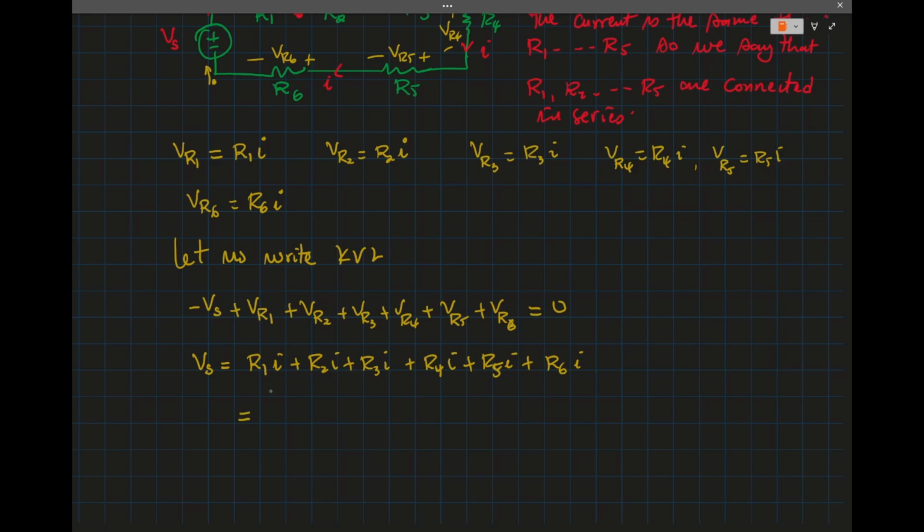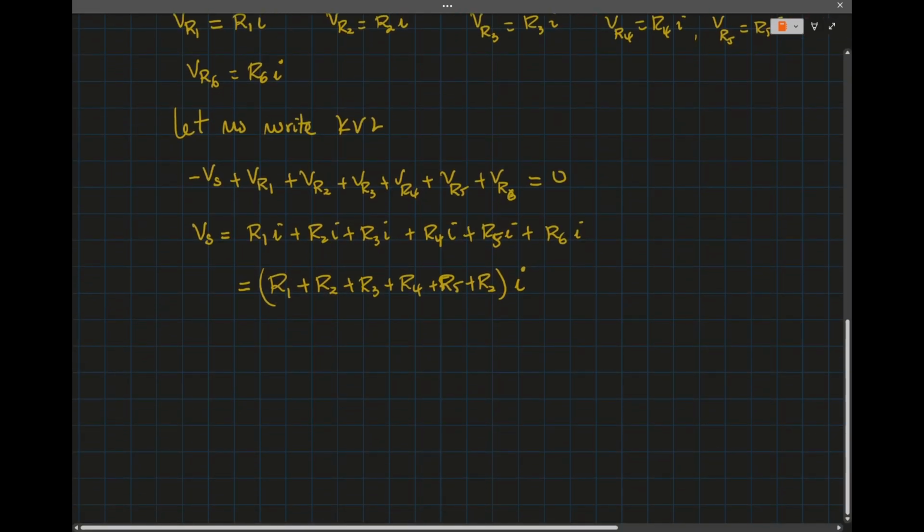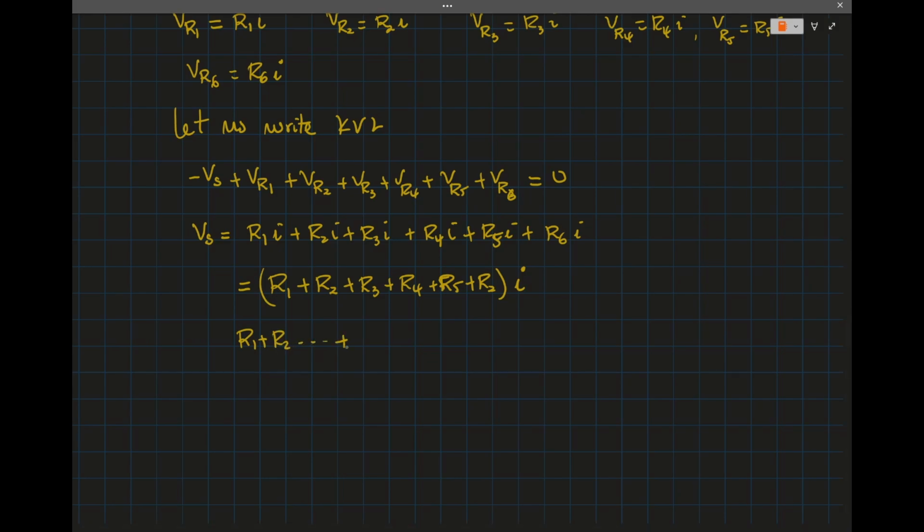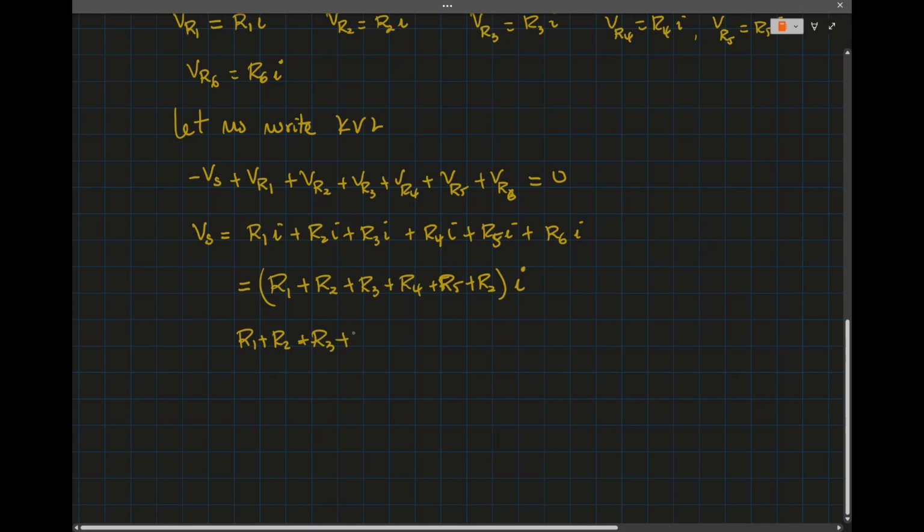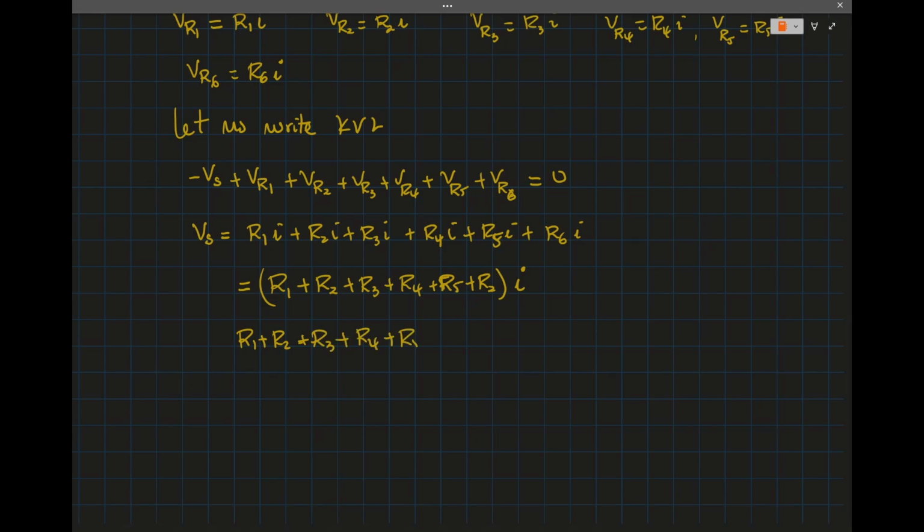Because the current is common, that gives me R1 plus R2 plus R3 plus R4 plus R5 plus R6 times I. So R1 plus R2 plus R3 plus R4 plus R5 plus R6 is an equivalent resistance.